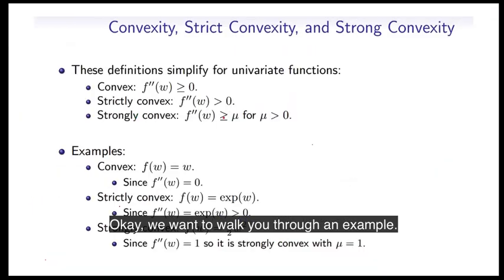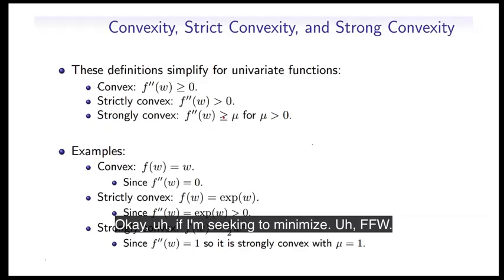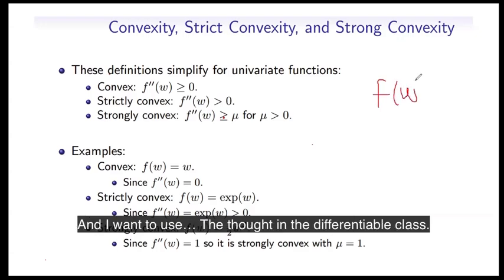We want to walk you through an example. If I'm working on a univariate situation where I'm seeking to minimize f of w, I only have one variable at a time, and I want to use the third in the differentiable class, which we call C2, to investigate different types of convexity.